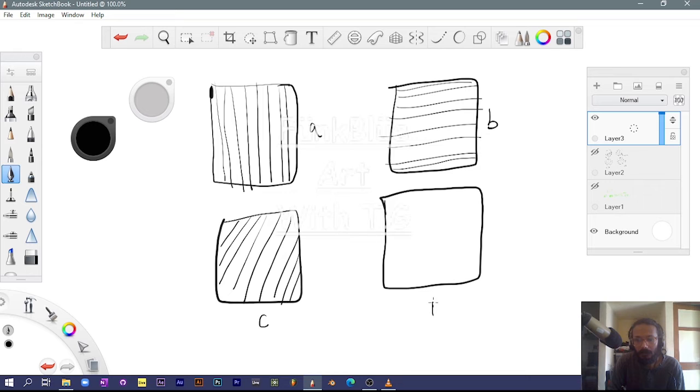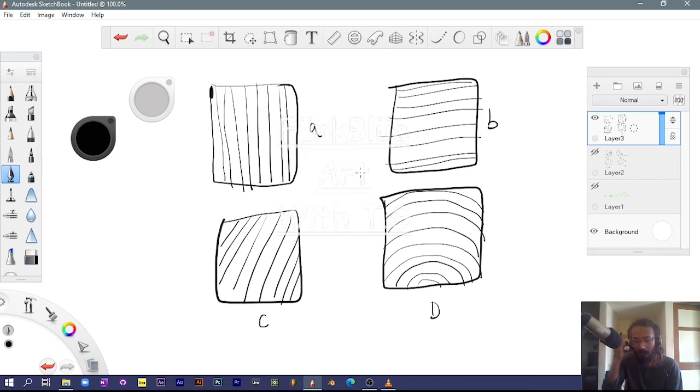Let's use these curved lines in a different way, maybe like this. These are very simple lines, all right, and visually it gives out a very different sense of what the surface might be.